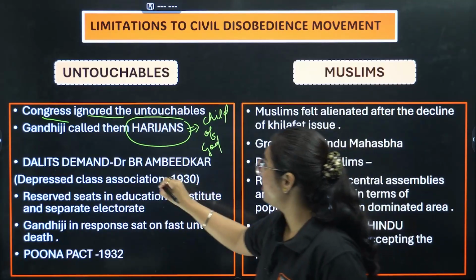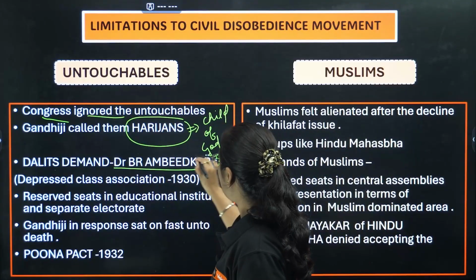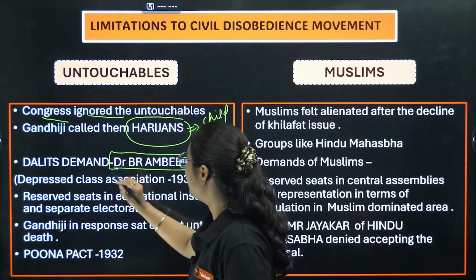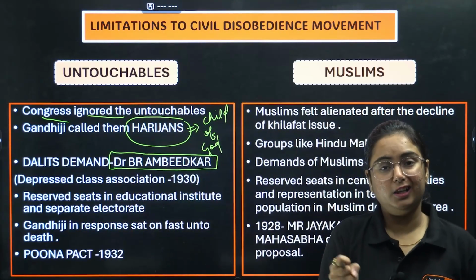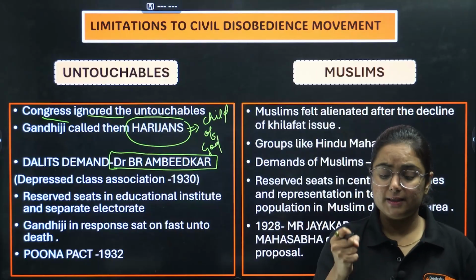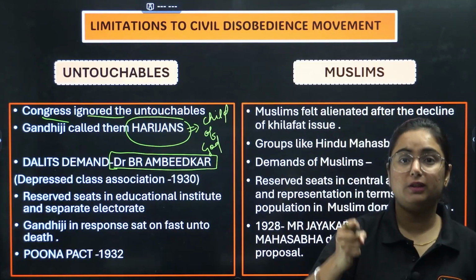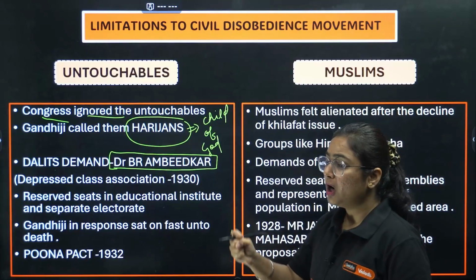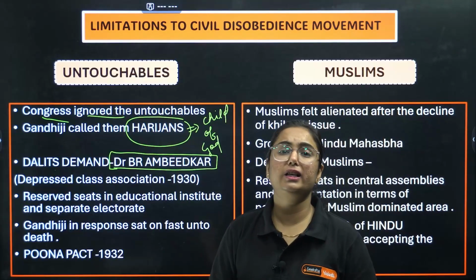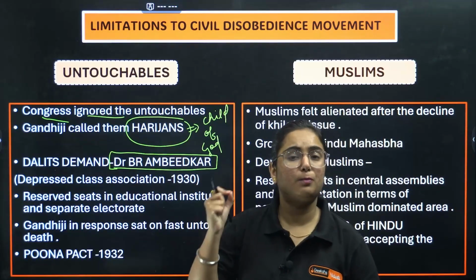This Dalit demand was presented by Dr. B.R. Ambedkar. We know that he is the father of the Indian Constitution. He is a person who fought for the rights of Dalits for many years, and he brought equality in Indian society by his policies.